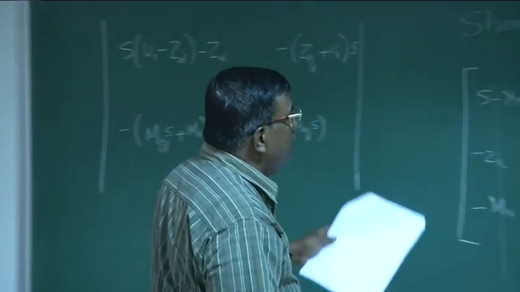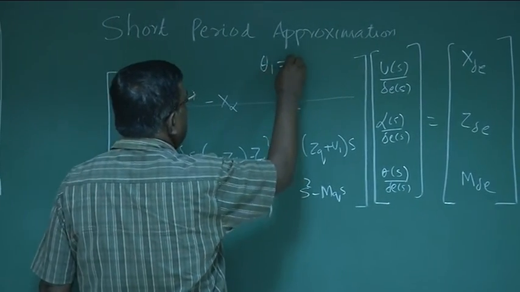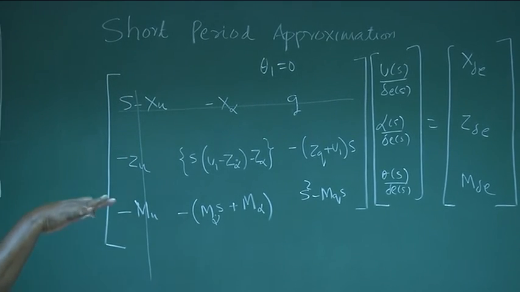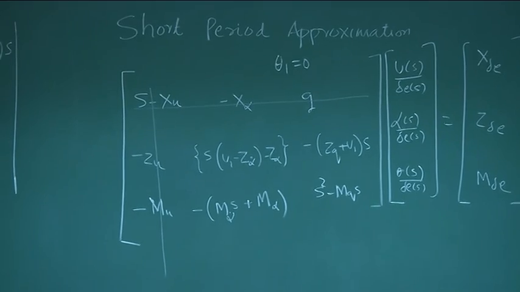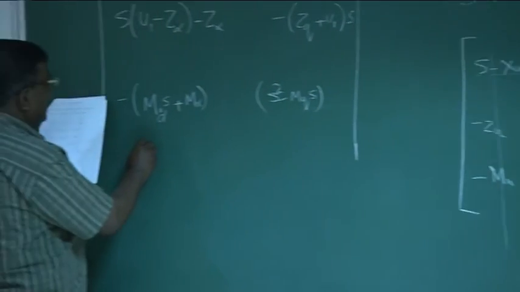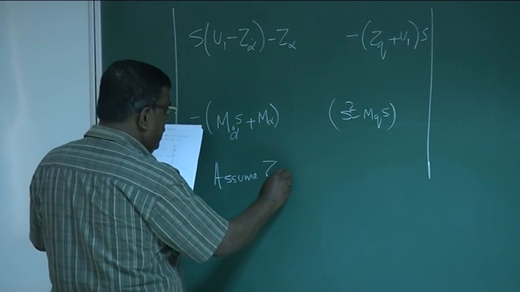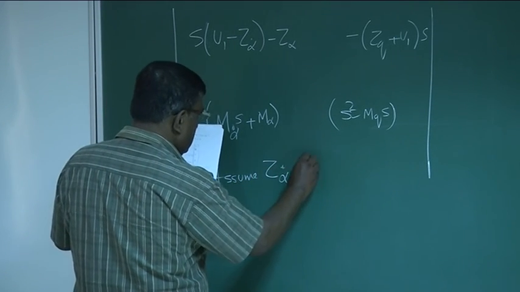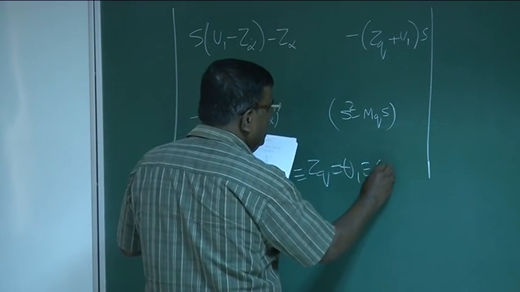Before I go to that, please note down here, this is G, means I have taken theta 1 equal to 0, which is fine. I'm going like this at steady state. And also when I do it here, I assume z alpha dot equal to zq and also theta 1, all are identical to 0.